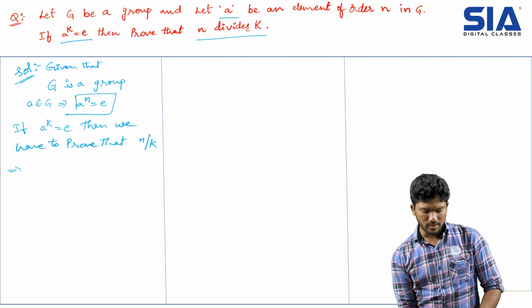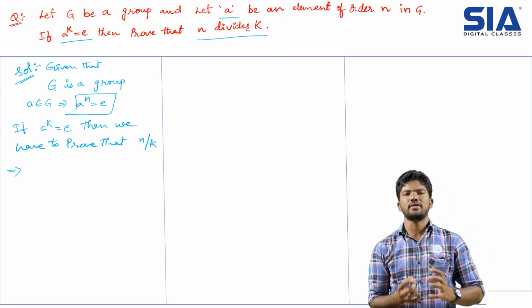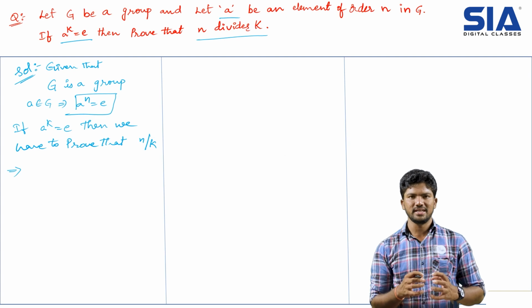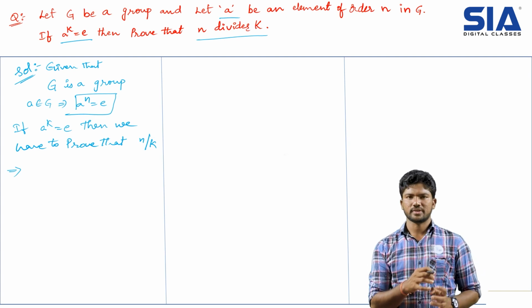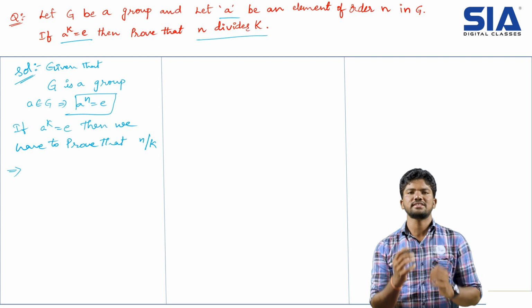To prove this problem, okay, we are going to apply the criterion for a power i is equal to a power j. That is the second condition. In the criterion for a power i is equal to a power j, we are going to use the second condition.